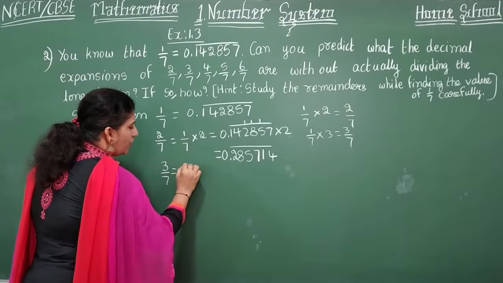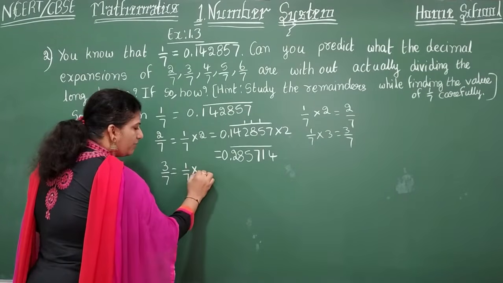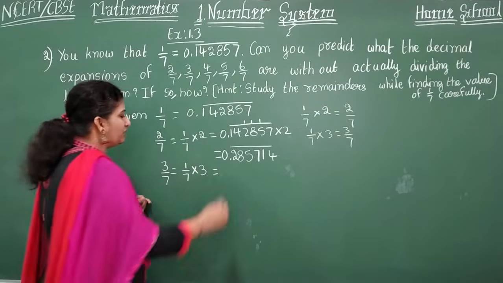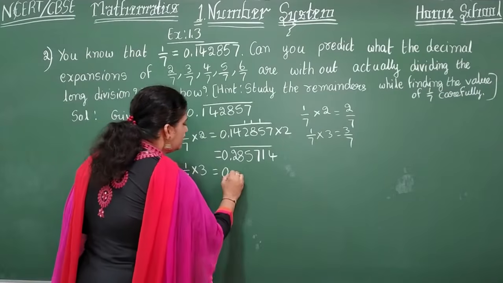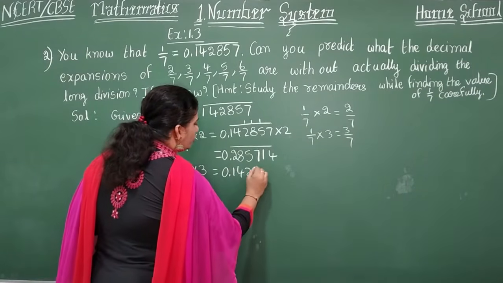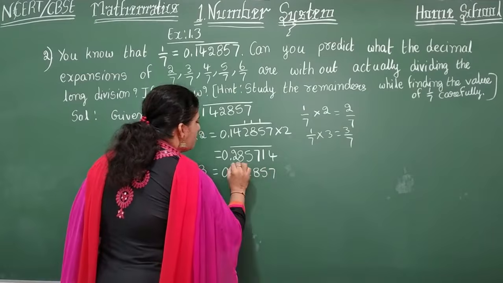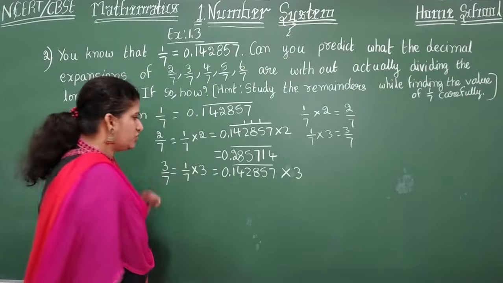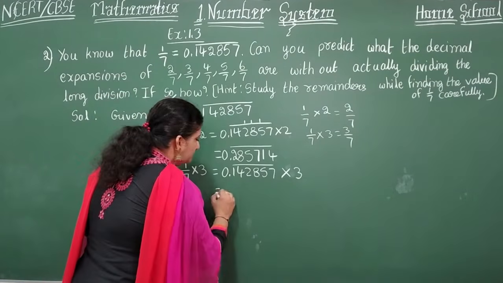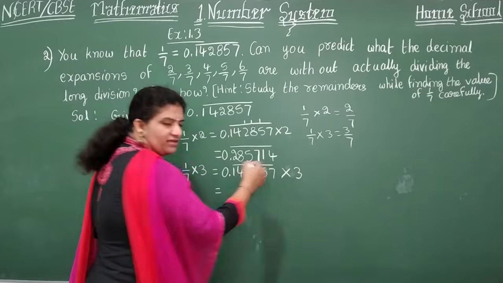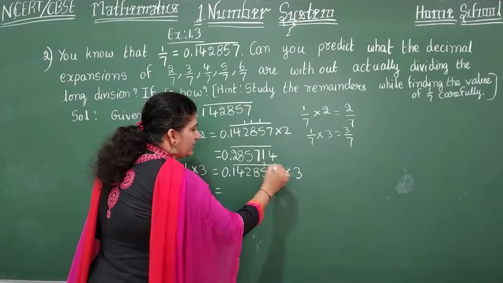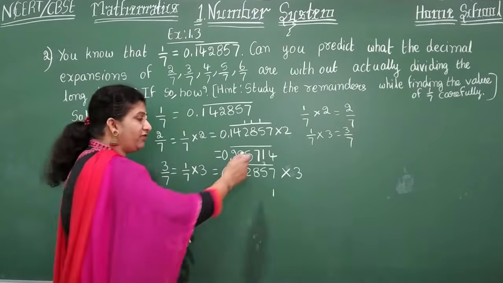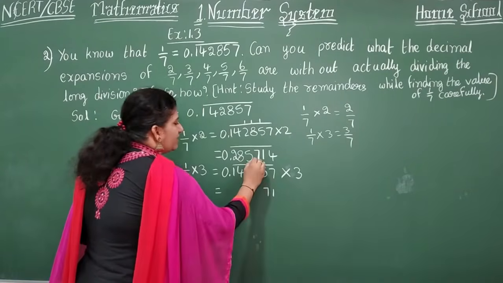3 by 7. How do you get 3 by 7? For 1 by 7, if you multiply by 3, you are going to get the 3 by 7 value. What is 1 by 7 here? 0.142857 bar into 3. Okay. So now, let's find the value here. 3 sevens are 21. Let's take the carry carefully here. 3 fives are 15, 15 plus 2 will be 17.